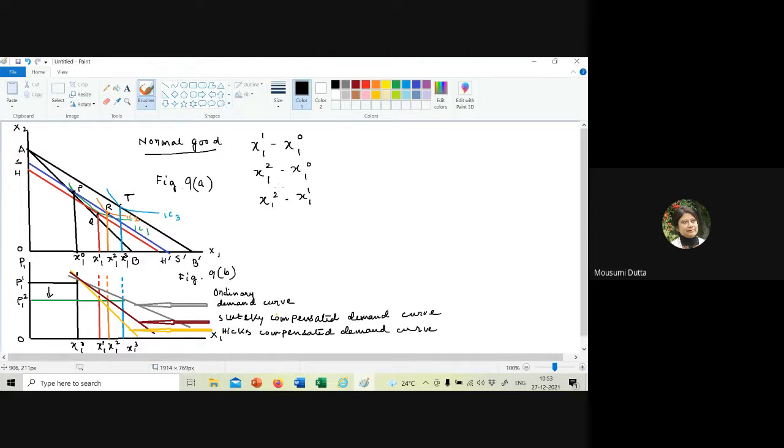On the basis of these substitution effects, we can derive the Hicks and Slutsky compensated demand curves.